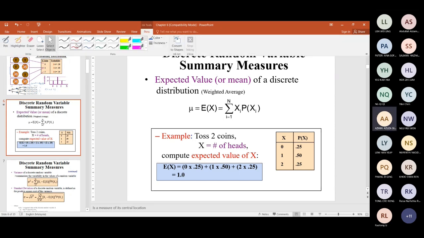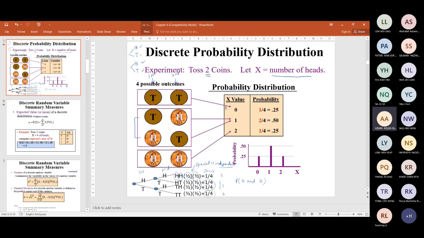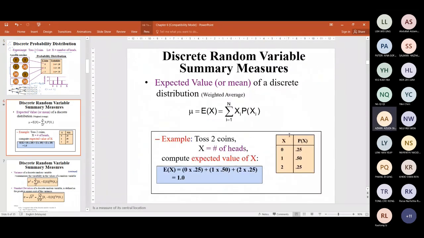So E(X) equals the summation of x_i P(x_i). If we refer back to this one, we have X here, and we have the probability, the P. This is our x_i, and this is our P(x_i).